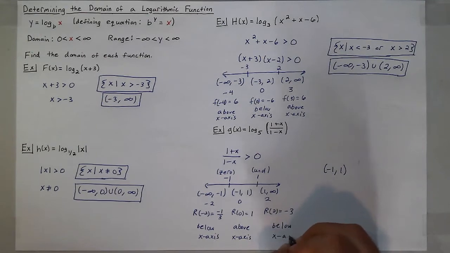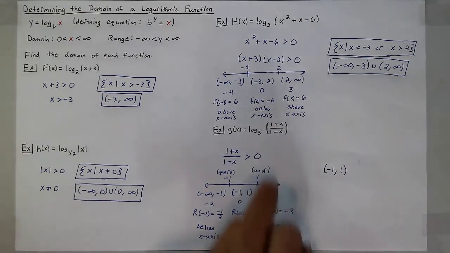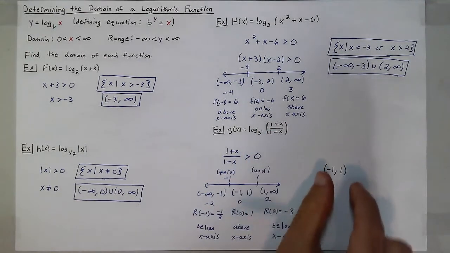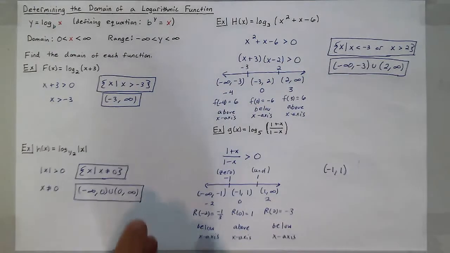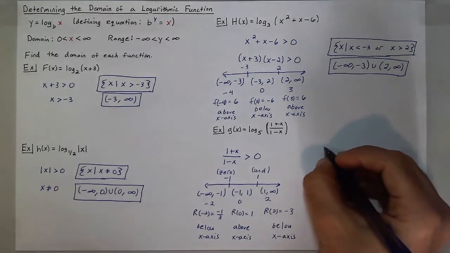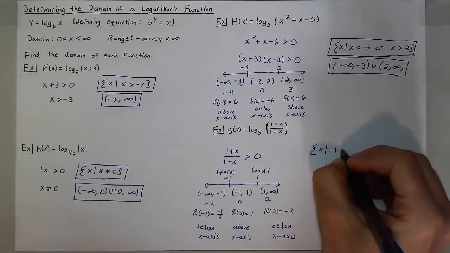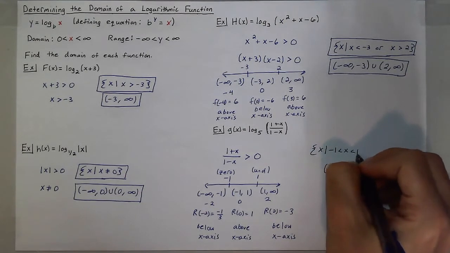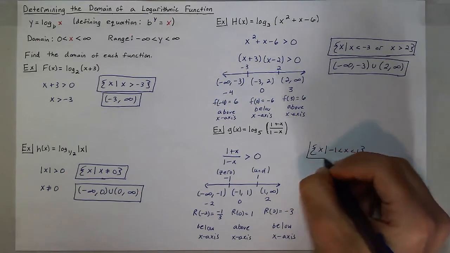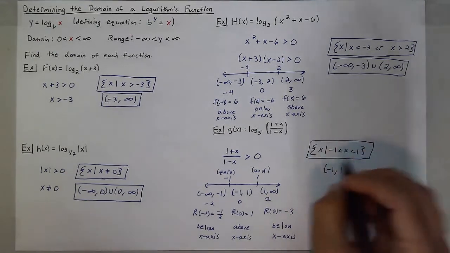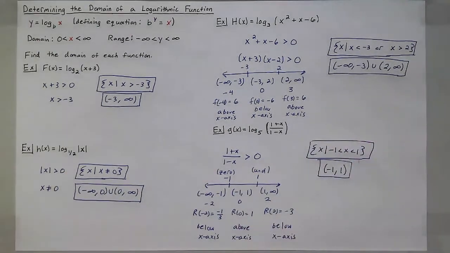So I have a very small interval of numbers I can actually use for this logarithm. Its domain is much smaller than the previous examples. In set notation, this would be all numbers x such that x is between -1 and 1. And that is how you determine the domain of a logarithmic function.